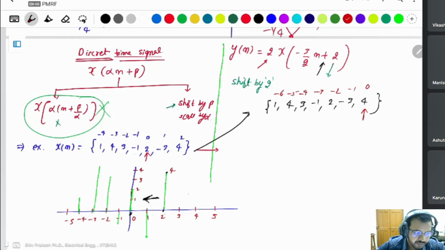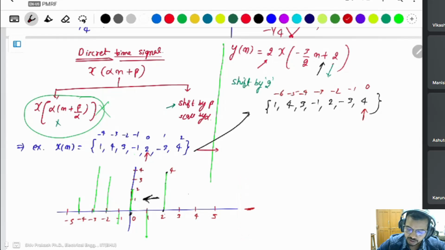Then apply the negative. If there is a negative, first simply apply the negative. If you apply this negative first, then the whole signal occurs as the mirror image of the y-axis. If a negative is here, then the whole signal is the mirror image of the x-axis, shifted to the below side.